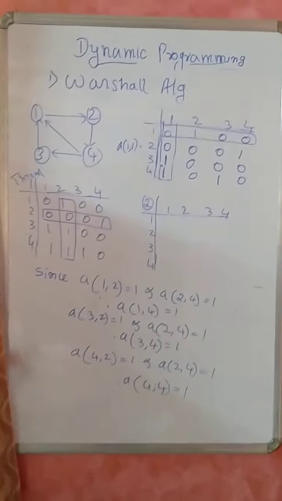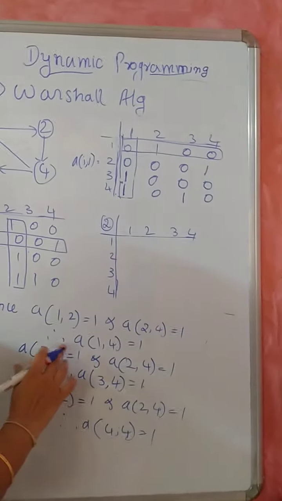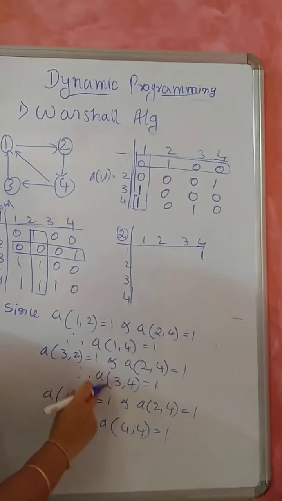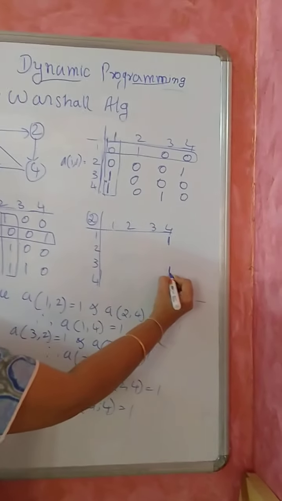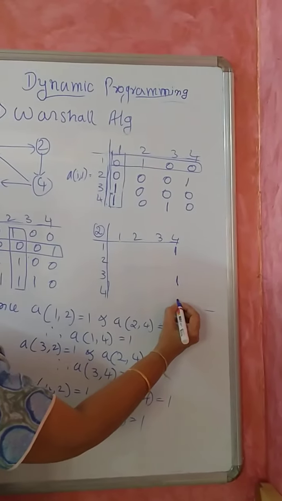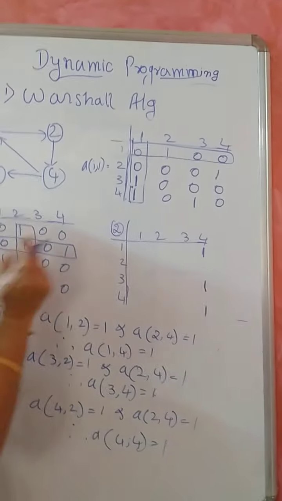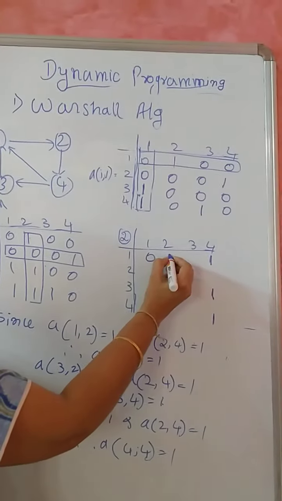These are the changes after through 2: 1 to 4 is 1, 3 to 4 is 1, 4 to 4 is 1. Remaining elements you write as they are from the previous matrix.